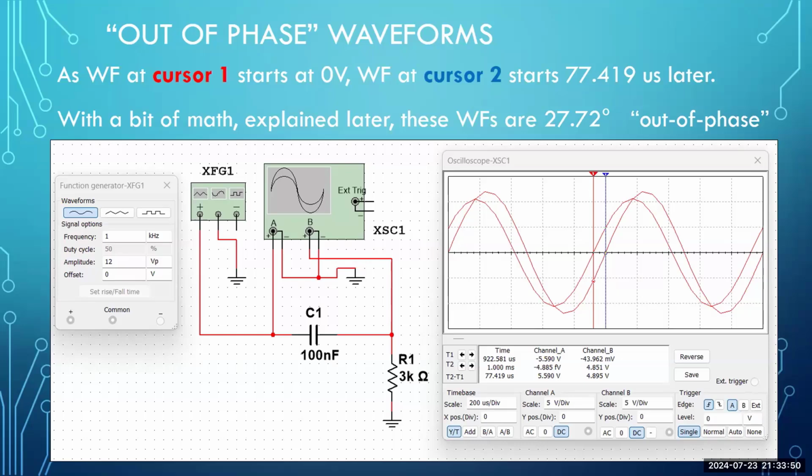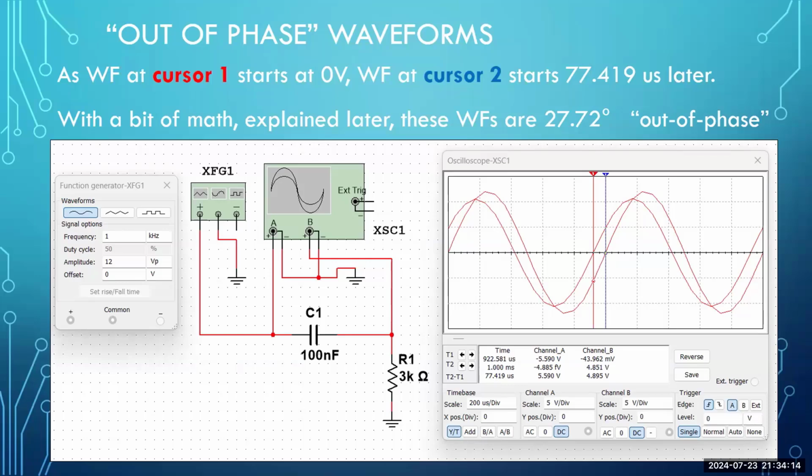After the first waveform begins, the second waveform begins. And with a little bit of math, which I will explain later, not to worry about it for now, these waveforms are not 180 degrees out of phase. They are 27.72 degrees out of phase. We'll show you how to get there later. But for right now, just simply recognize that the waveforms are out of phase.